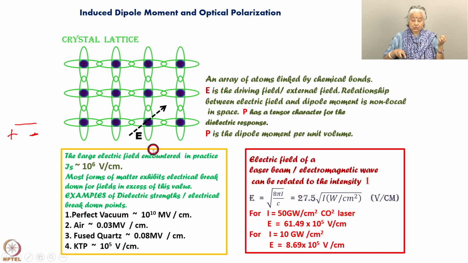I have put it in a very localized place. The beam of light is just coming through somewhere here. It gives the electric field, and this is what it does to the outer electrons and then further to the material. Now, this electric field is localized because your beam is very narrow.